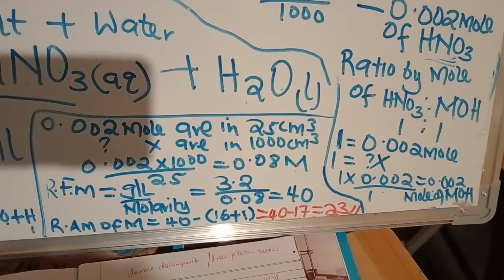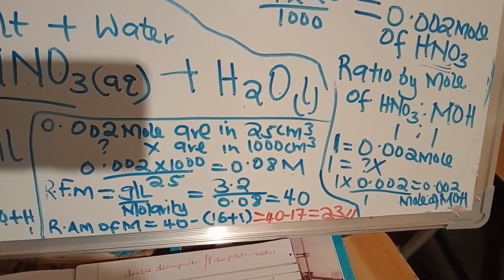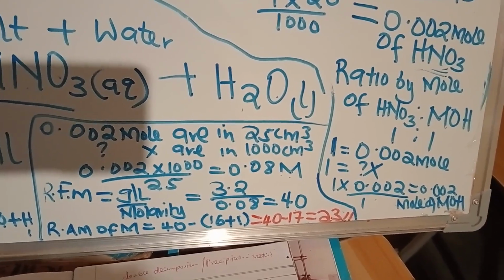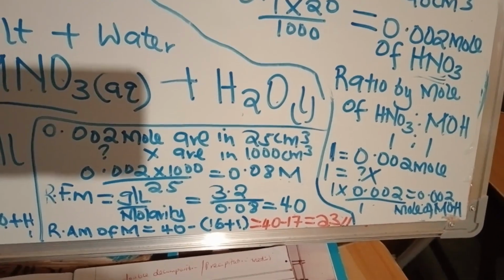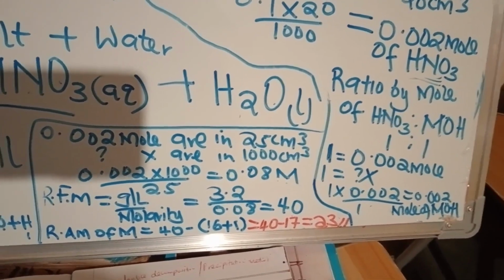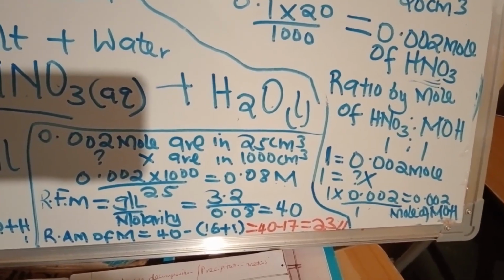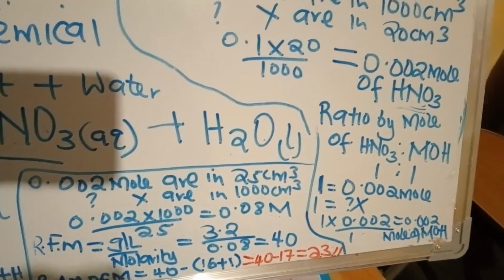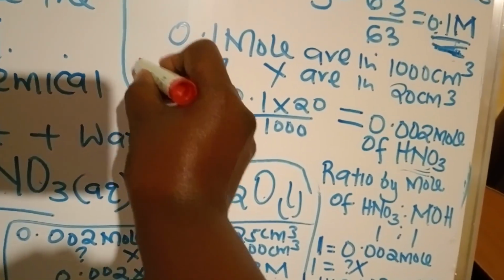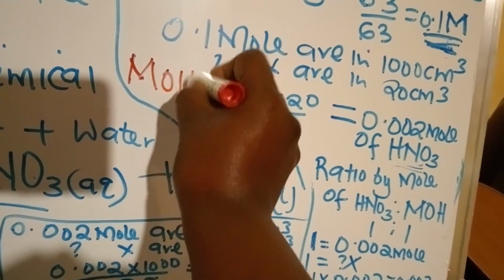For you to get the RAM, you need to get the R.F.M, which is 40, minus the RAM of oxygen and the RAM of hydrogen, because remember we are having MOH.